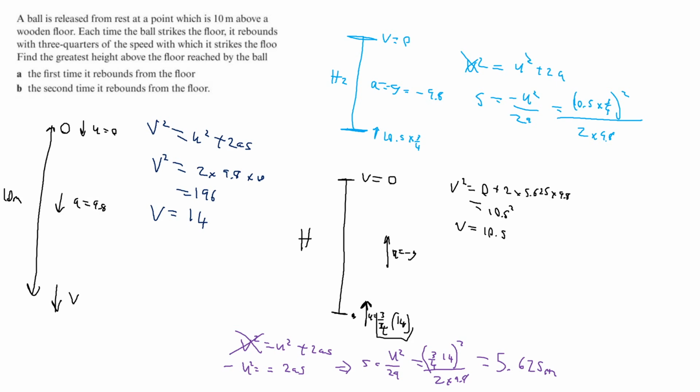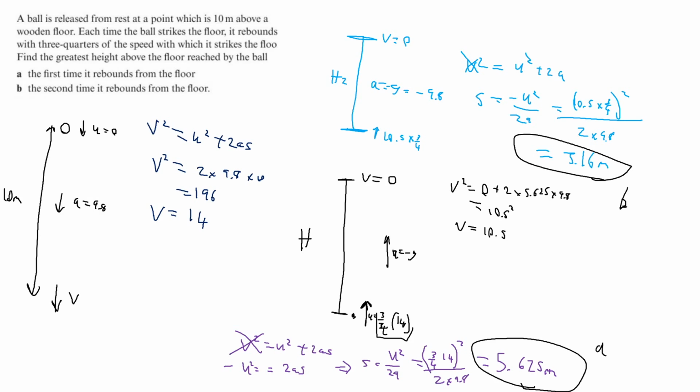And if we plug that into our calculators, we should get an answer of 3.16 meters. Okay, so it's gradually getting smaller and smaller. So those are your two answers for part A and part B respectively.